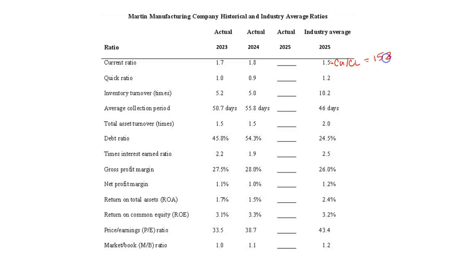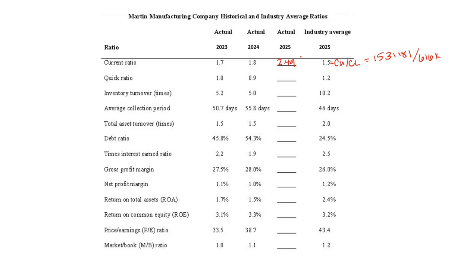So 1,531,181 divided by 616,000 gets us 2.49. So current ratio is 2.49.